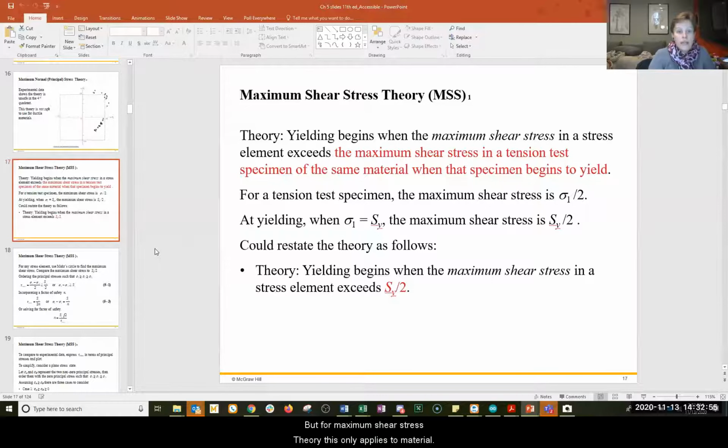But for maximum shear stress theory, this only applies to materials for which compression and tension normal strength is approximately the same. So SY is our axial strength, and the yielding is predicted when the maximum shear stress exceeds half of the tensile strength.